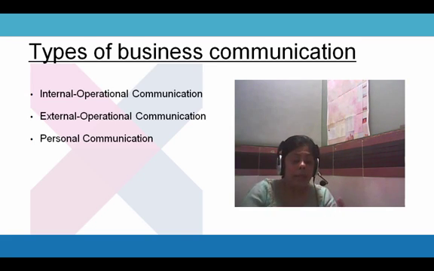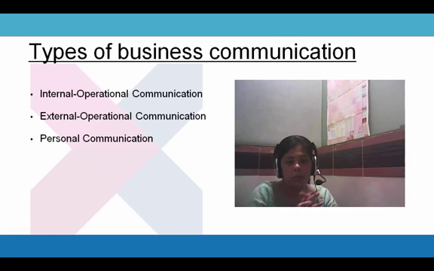Because they are communicating to us what exactly their goal is. Where do they see themselves 5 years or 10 years ahead? So, this is basically internal communication. What the management, the business, the organization is telling their employees to achieve, what their goal is, and what the employees would work towards to achieve.